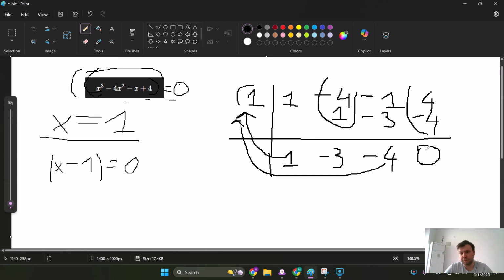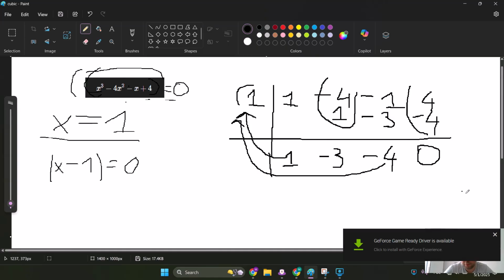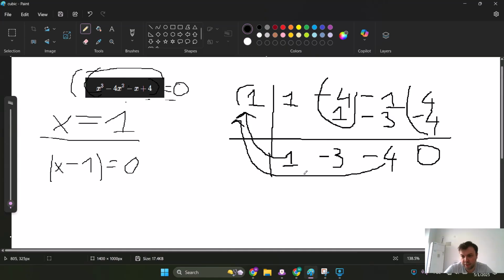If you don't get 0, it means that you didn't find the root correctly. But we found the root correctly, that's why we reached 0. So what you see here is the result of dividing that polynomial by x minus 1. We need to write it in the form of a polynomial, because we just see numbers.